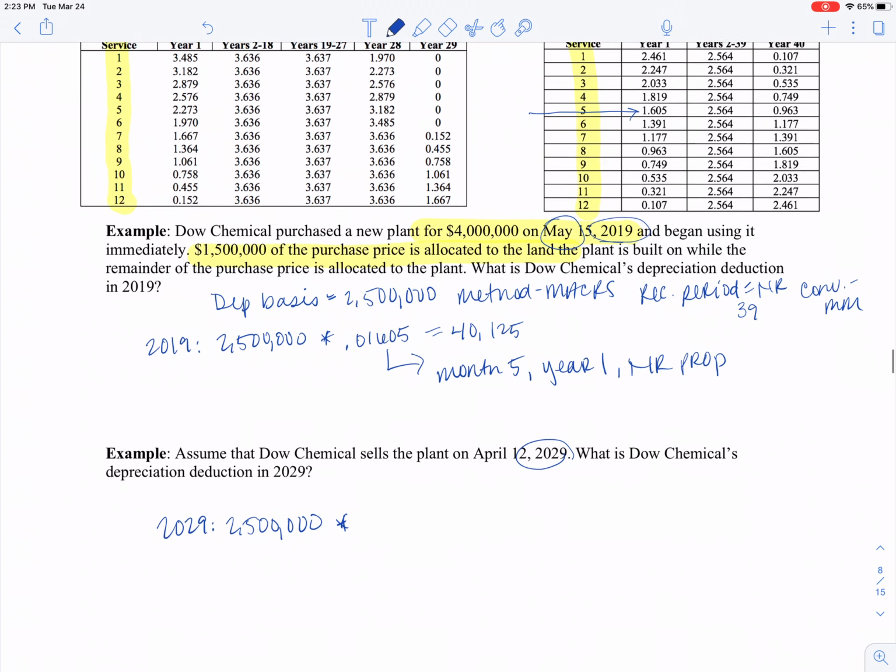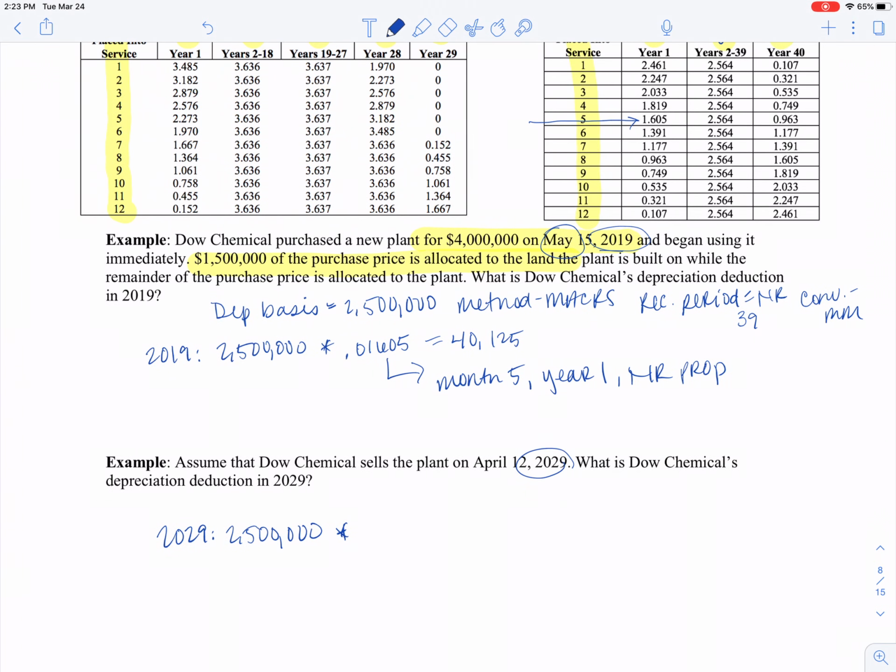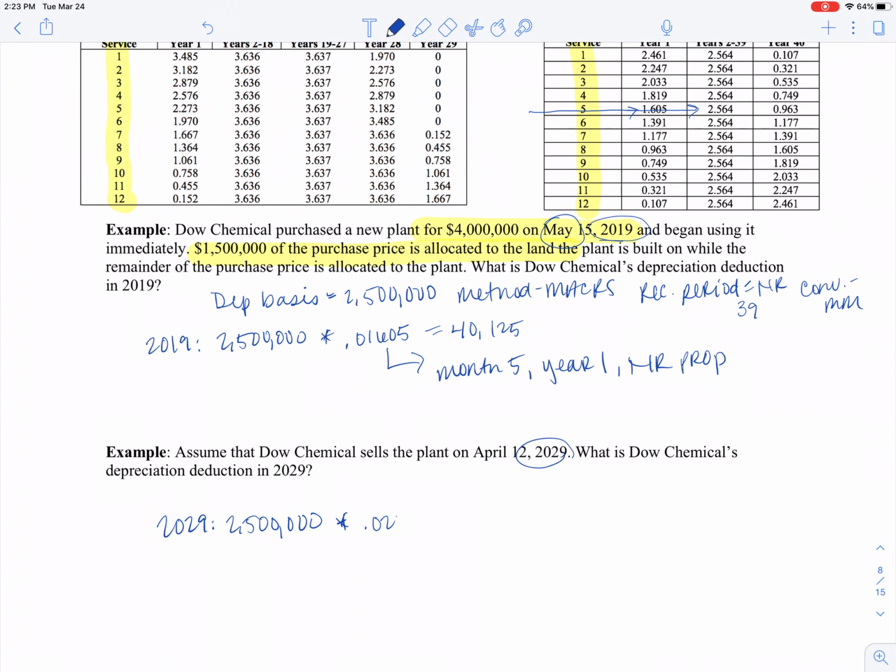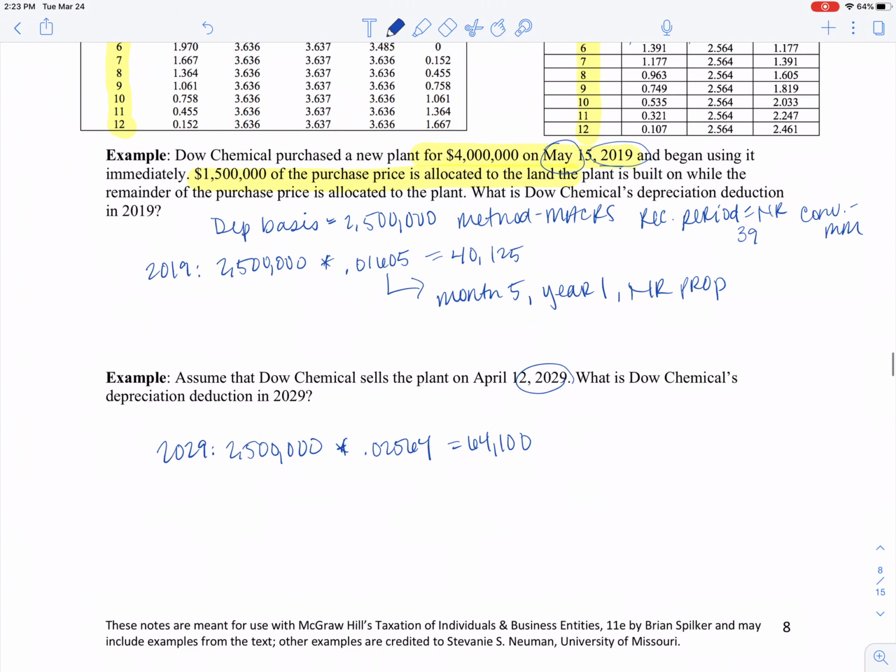Again, I don't reduce it by depreciation I've already taken. And I'm just going to come over to this next column, and my rate is going to be 2.564%. And I get depreciation in year 2029 of $64,100. Remember, in the year of disposal, this is for the full year.